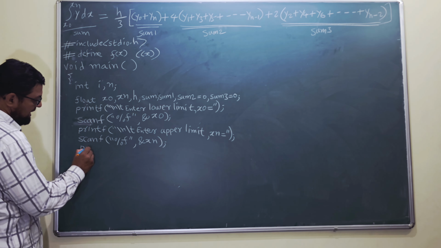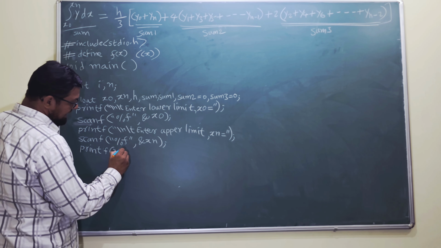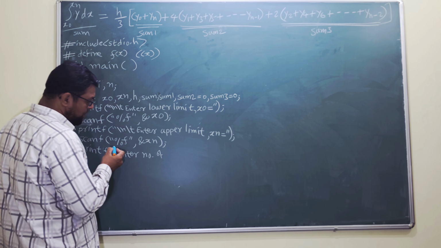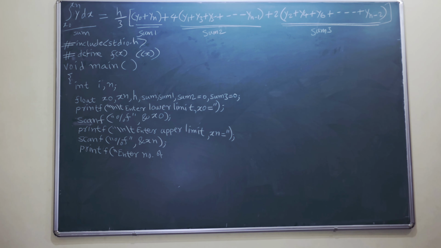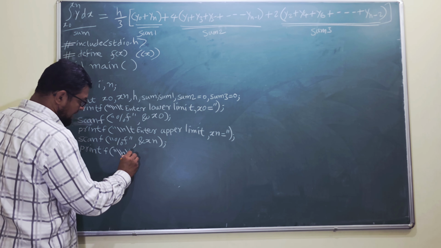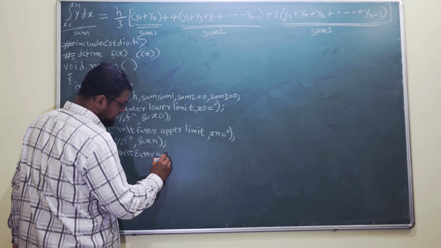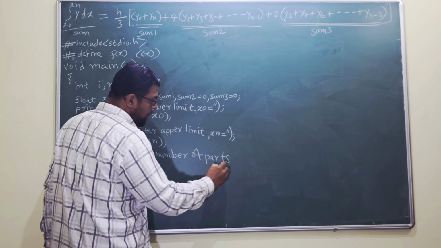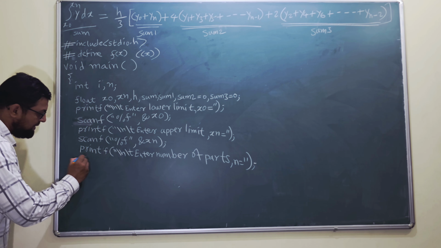So I will say printf, enter number of parts. Of course we have to give \n \t before this, so that it will go to the new line and new tab. So \n \t, enter number of parts, small n is equal to.